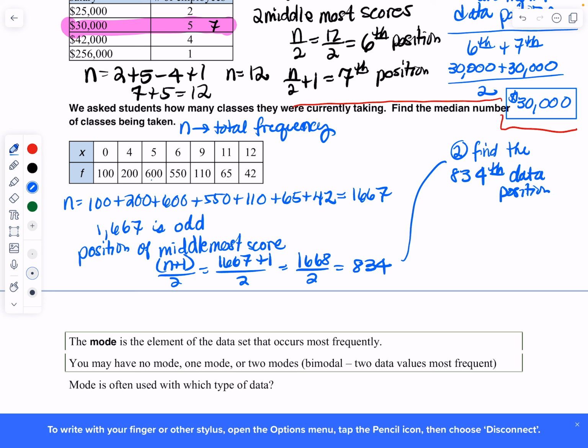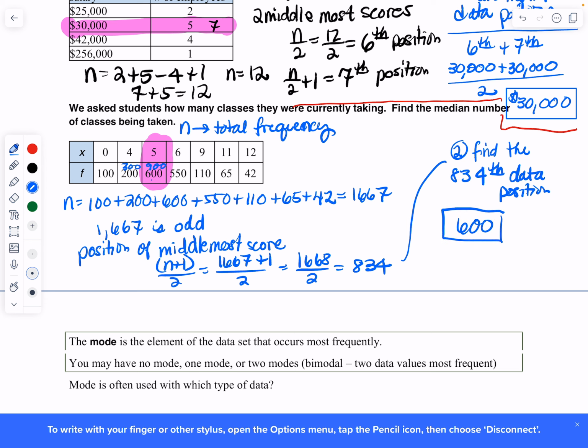Okay, so we come back over here and I look at the chart. So 100 is the first one, plus 200, that is 300. 300 and 600 is 900. Okay, so I can tell the 834th data position has to fall in here. Okay, so the 834th position would have to be 600, because that's the value there. So 600 would be my answer.